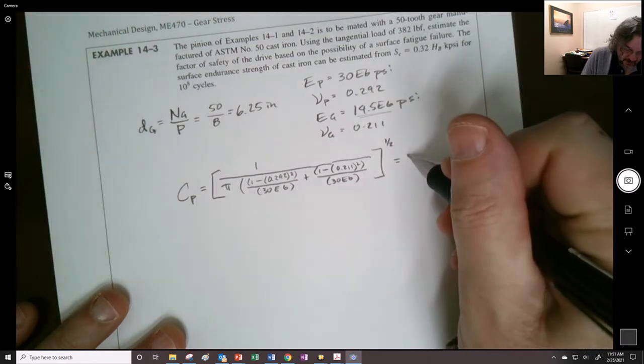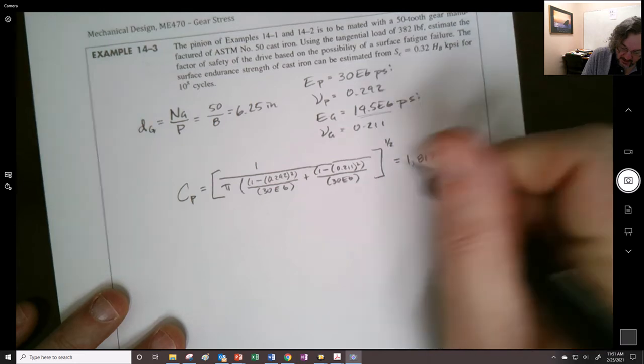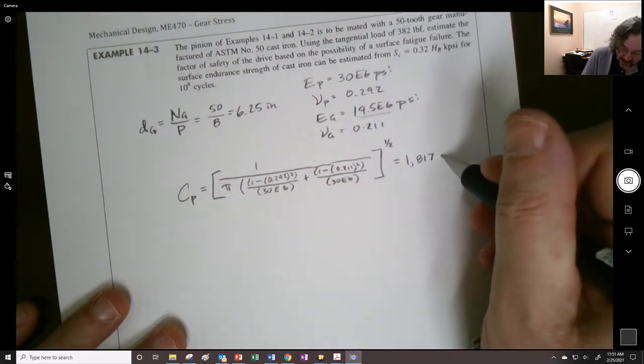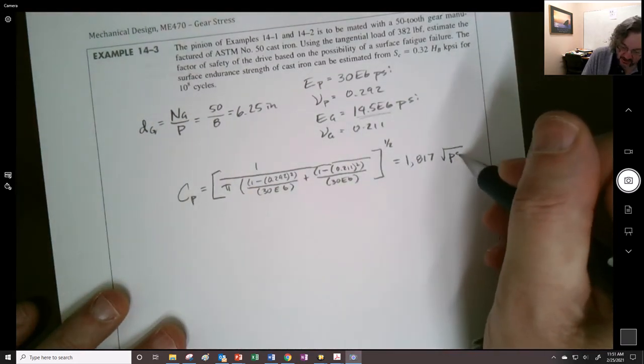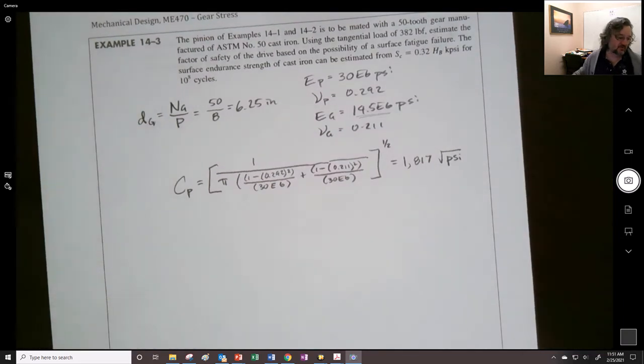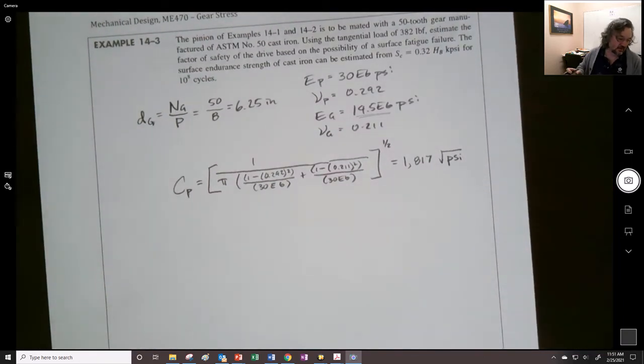So what we end up with is about 1,817. Now this thing actually has units, and they're the crazy units of square root of psi. Okay.